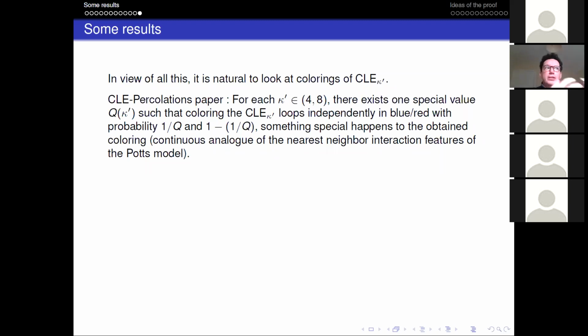That means the obtained coloring has the same property reminiscent of the Potts model that I described before for Q.